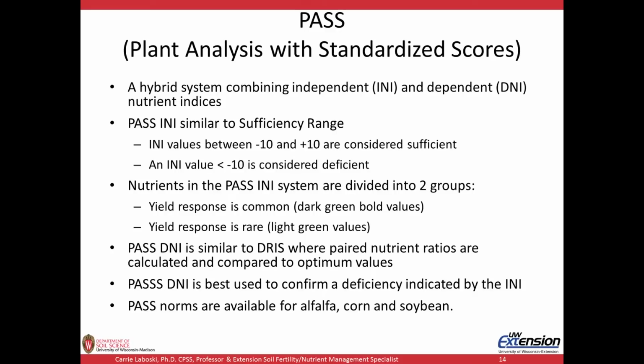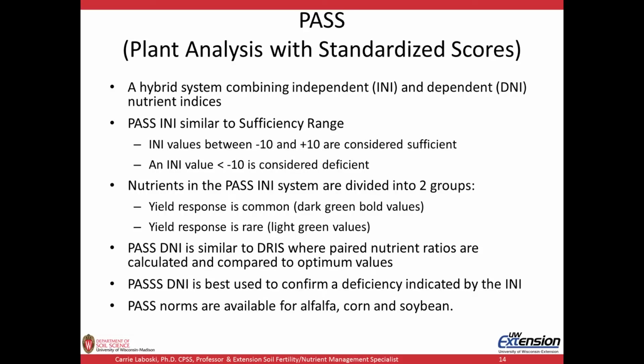And so these INI values range between -10 and +10, and they're considered sufficient. If you have an INI value less than -10, that's considered deficient. Now, nutrients in the PASS system are divided into two groups.